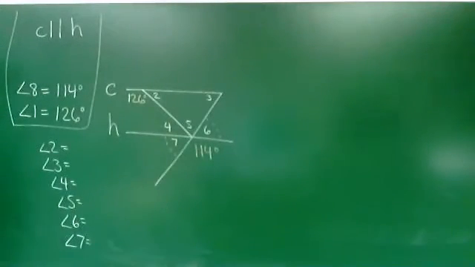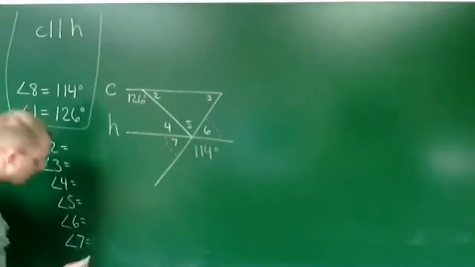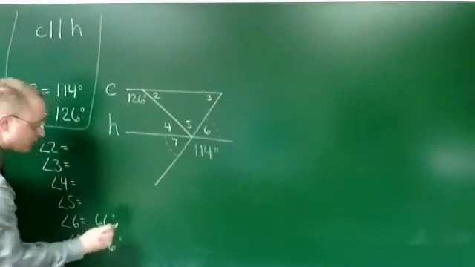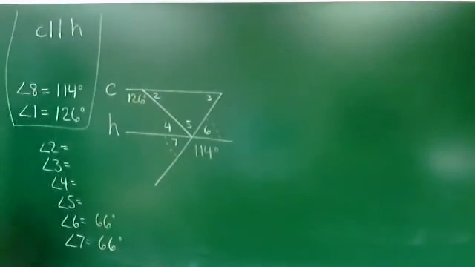What did you get for angle 7, Kendall? 66 degrees. And you should have gotten the same thing for angle 6, correct? They're both 66 degrees? Which was really poor planning on my part to have angle 6 be 66. But anyway, we should be good on both of those.